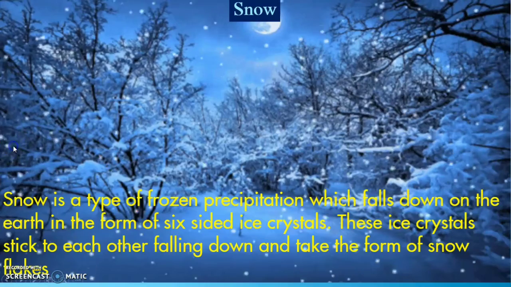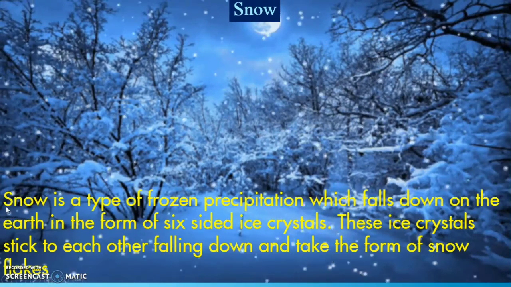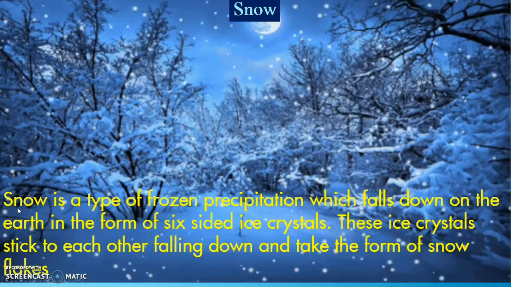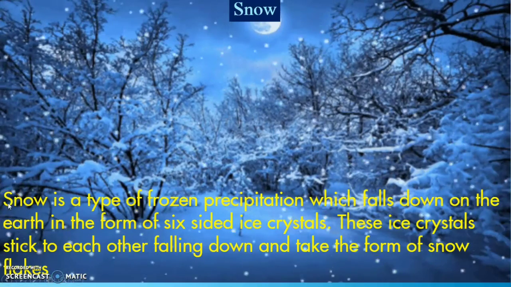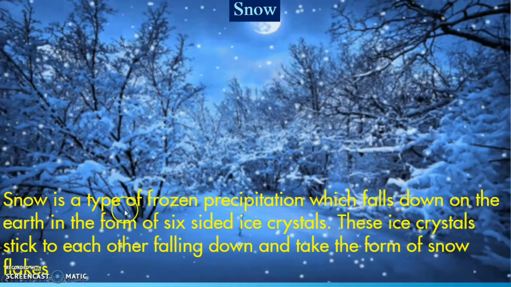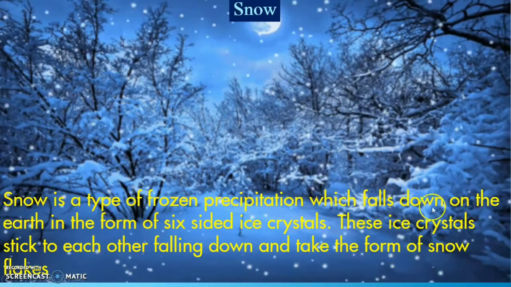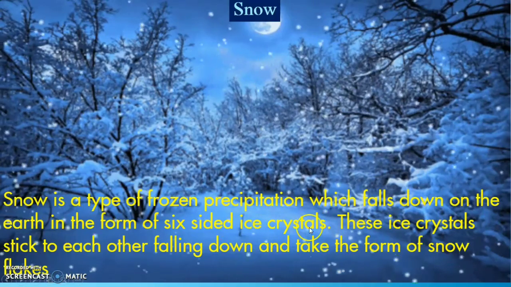The next type of precipitation is snow. Do you like snow children? Yes, you all like snow, though we do not see it in the regions where we live. Okay, now what is snow? Children, snow is a type of frozen precipitation which falls down to the earth in the form of six-sided ice crystals.